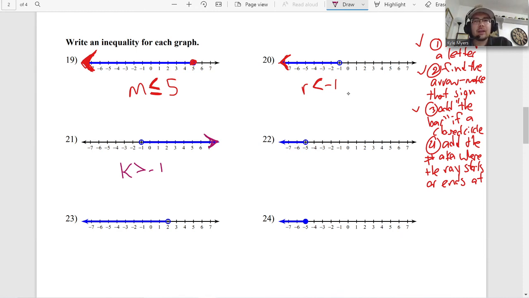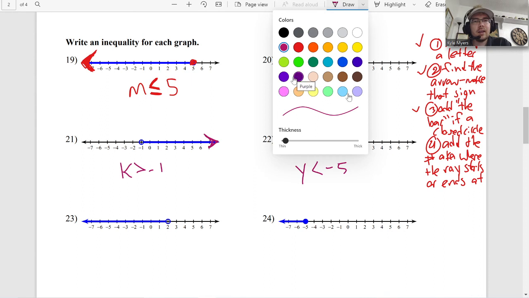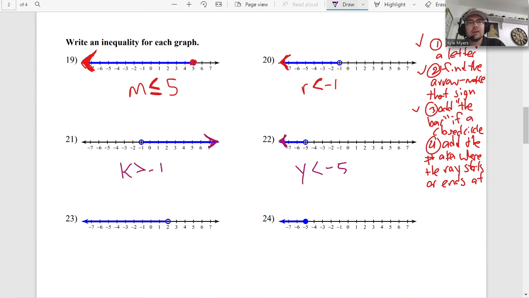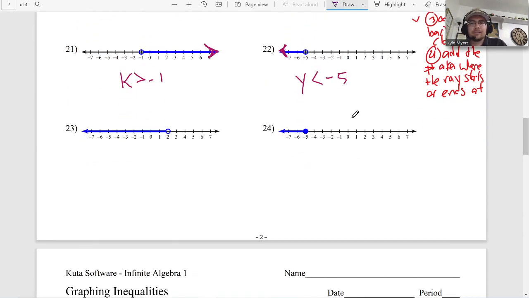So find the letter, okay, M-R-K-Y, okay, sign, and I don't add a bar, and it's at -5. All right, and do purple here, or whatever the color that is. All right, last two, ready?